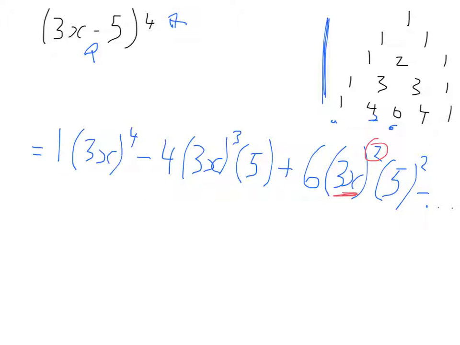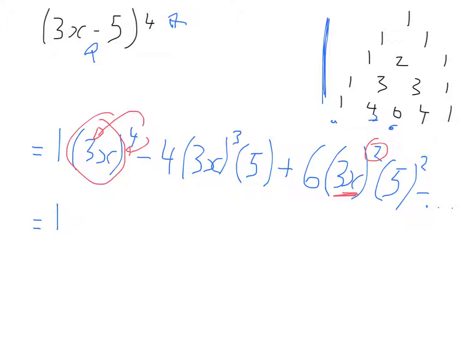Okay, next step would be to continue to simplify this. So we've got 1 times 3x to the power of 4. One rule we have is that if we've raised a whole term to the power of 4, then our next step would be to raise each individual bit to the power of 4.